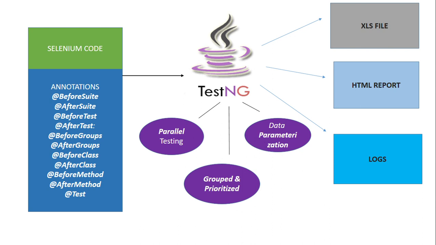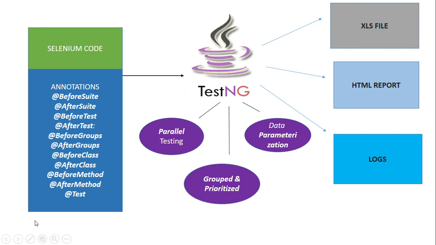Here are some TestNG annotations: BeforeSuite, AfterSuite, BeforeTest, AfterTest, BeforeGroups, AfterGroups, BeforeClass, AfterClass, BeforeMethod, AfterMethod, and @Test. These annotations are very easy to understand, and they have made our testers' life very easy.